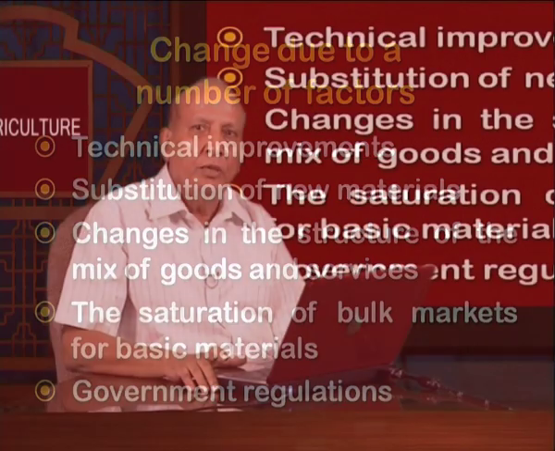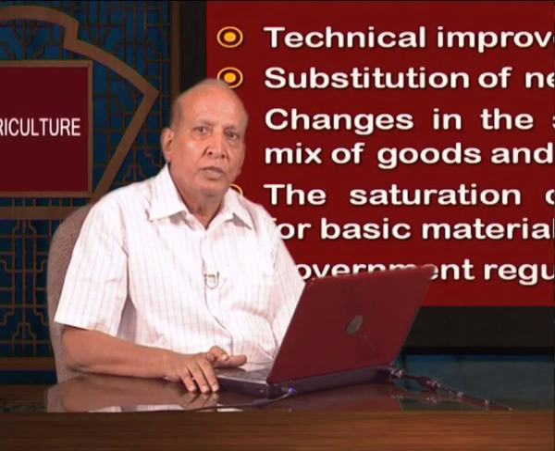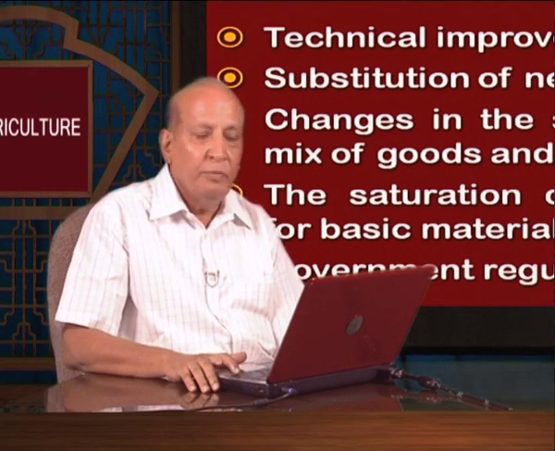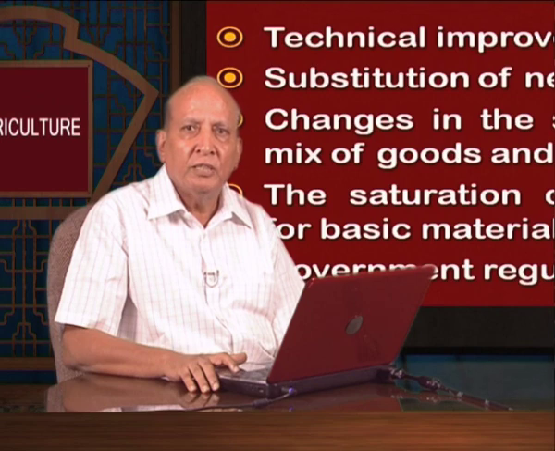Old technology gives 40 units and the new gives 60 units. Naturally, the output per unit will be more in the case of the new technology and that will change your resource intensity. Similarly, a new material, just like a new variety.